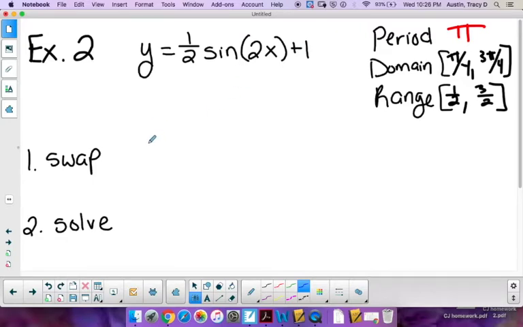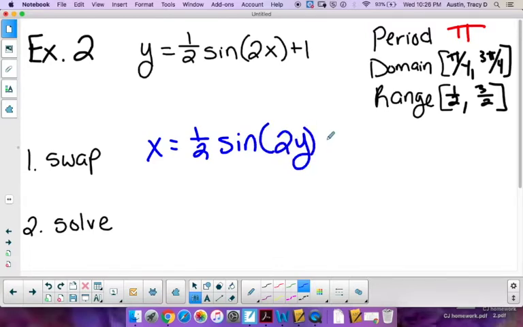All right, so let's do the algebra. We're going to swap x and y. Notice I did not take the 2 with the x. All I took was the variables. That's it. Same as before. What have I done to that y?